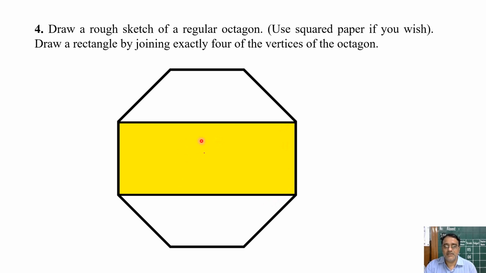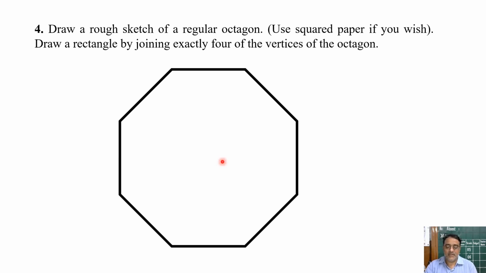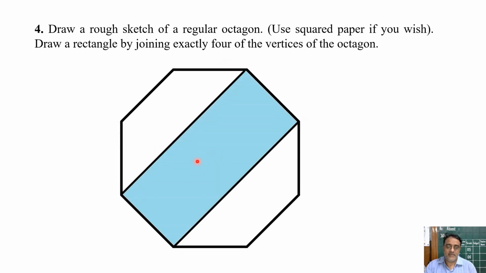So this is also a rectangle, right? So now we are going to join in another way. So ये वाला join करते हैं, ये वाला और ये वाला, ठीक है? This one and this one. See, here also these 2 sides are equal. This is breadth and these 2 are length, and we are getting each angle here also 90 degrees. So this is also a rectangle.